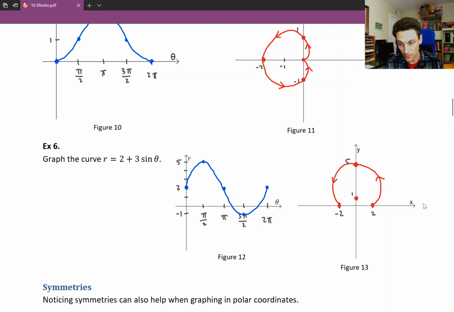So then again, as theta goes from pi to 3 pi over 2, r is getting sucked into the origin. It goes past the origin and then ends up at that point right there, 0 comma 1. So that's where that part of the curve is going to be moving.